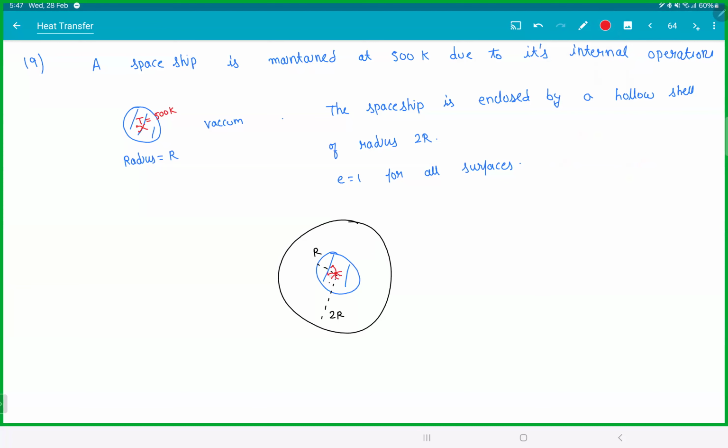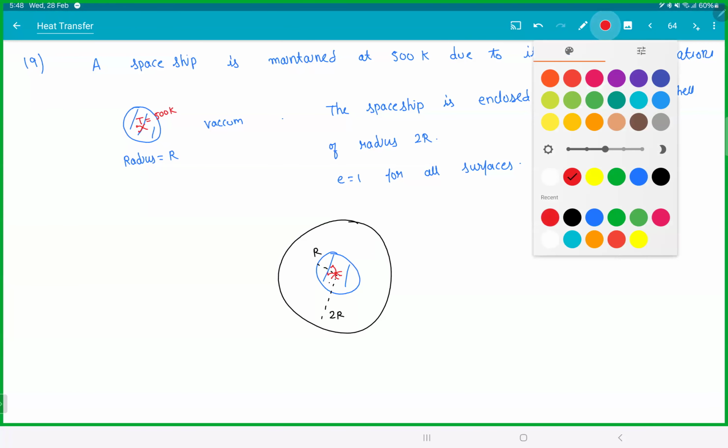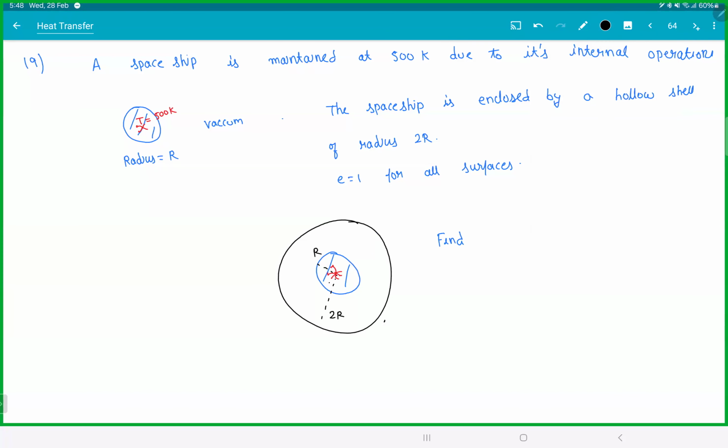Just because you covered it with a shell, why will the spaceship power change, isn't it? Now find the temperature of the spaceship and the shell.